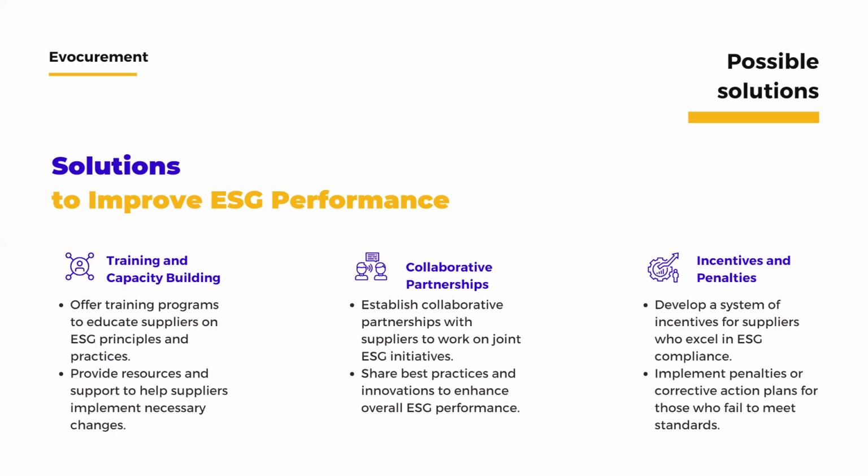Sometimes the supplier doesn't know how to improve their ESG practice. So we may have training and bridge the gap between their current capability and our wanted capability. And here it comes with the gap analysis, and it also requires commitment from the buyer, who may provide resources to support the supplier.